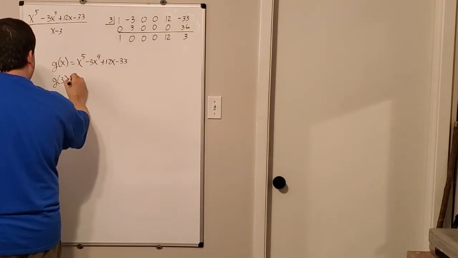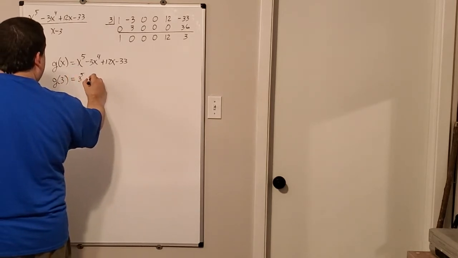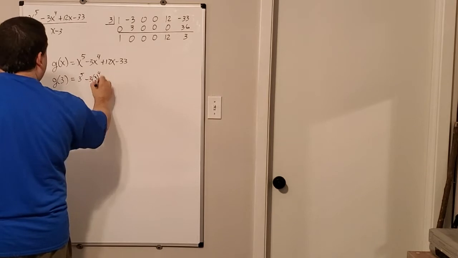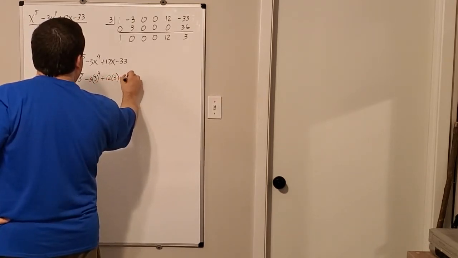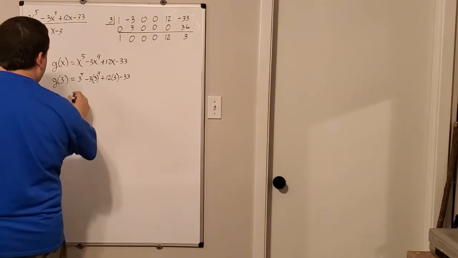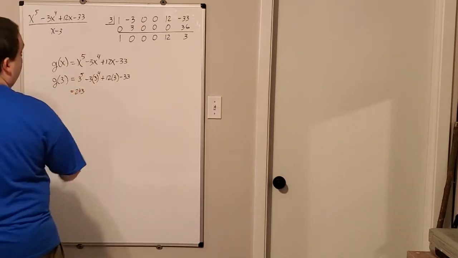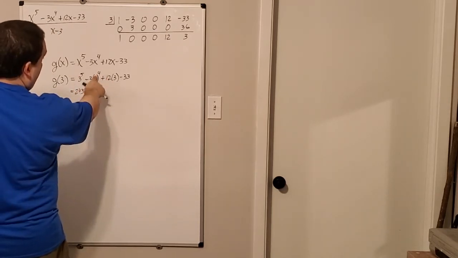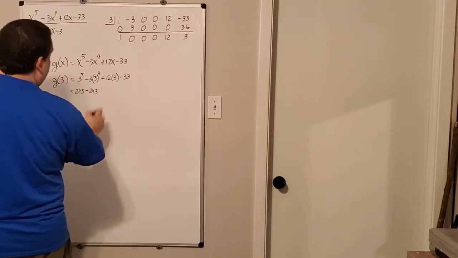Double check here. Look, g of 3 is going to be 3 to the 5th minus 3 times 3 to the 4th plus 12 times 3 minus 33. 3 to the 5th just happens to be 243. 3 to the 4th is 81 times negative 3 is going to be negative 243.